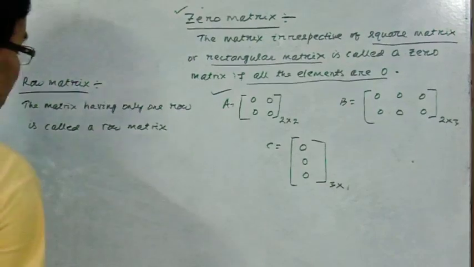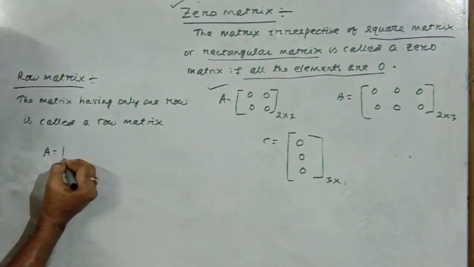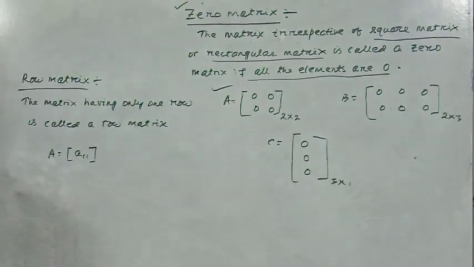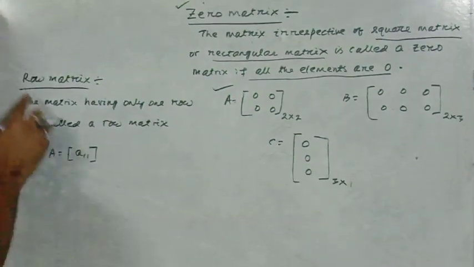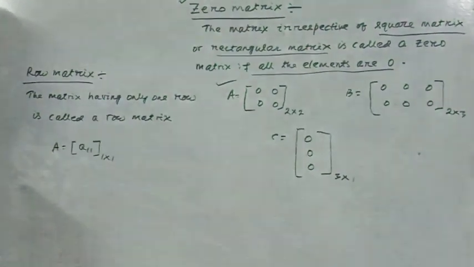That means here you see that I can say a matrix containing only one element A11 is an example of a row matrix because its order is 1 cross 1.